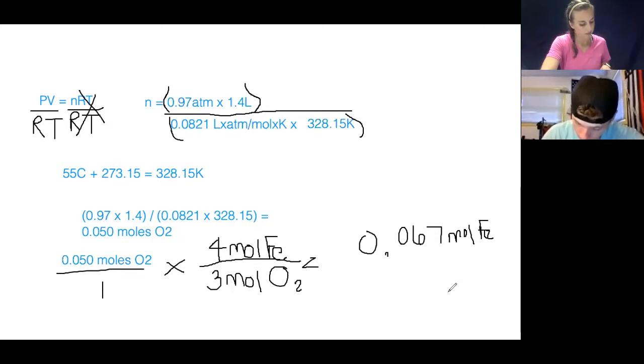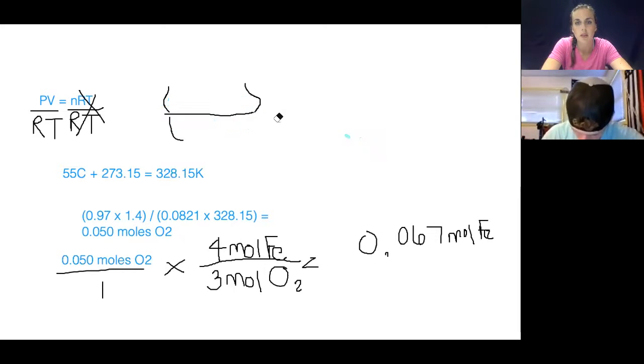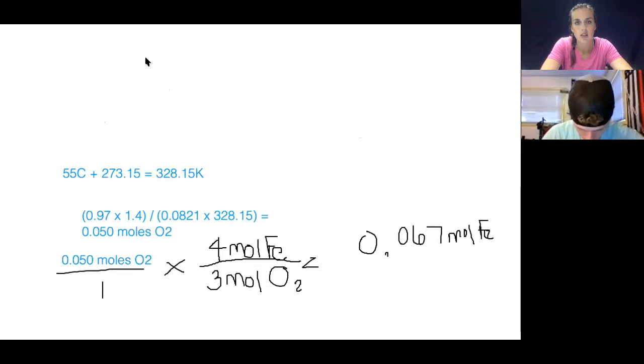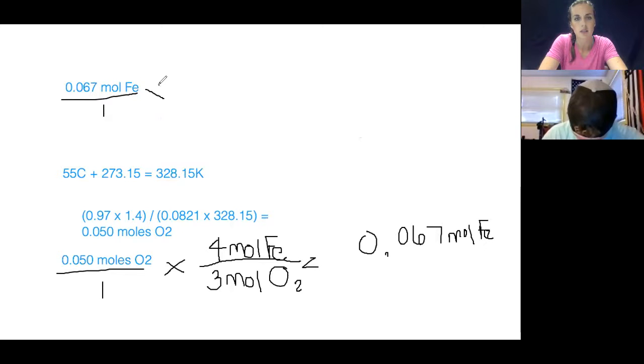So now you get to convert that to grams. So I'm going to erase a little bit. All right. So now I have my given value of moles, which I just found, of iron over 1 times, it's going to be 1 mole on the bottom because I'm trying to get moles to cancel.